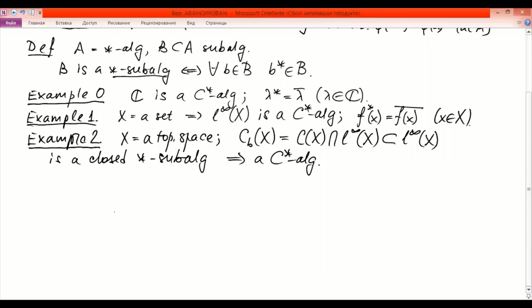This algebra CB of X contains a useful subalgebra which consists of functions vanishing at infinity. So let's give the following definition.